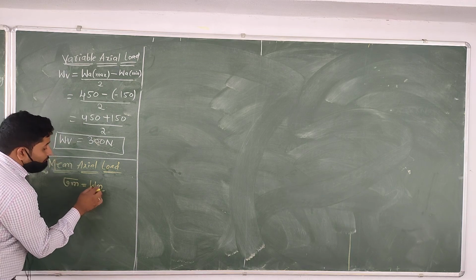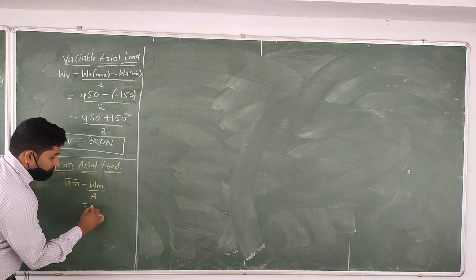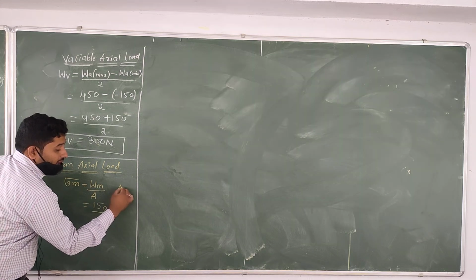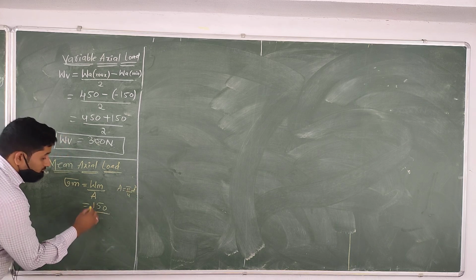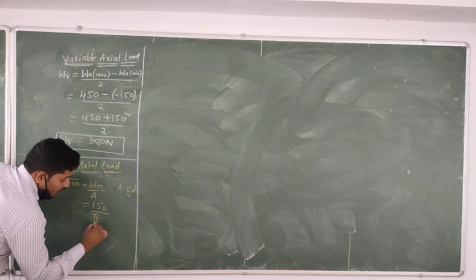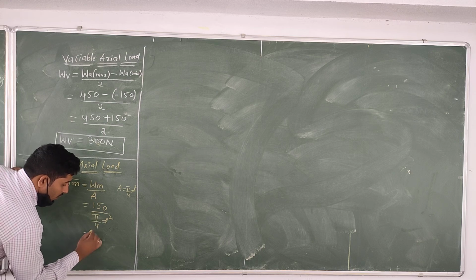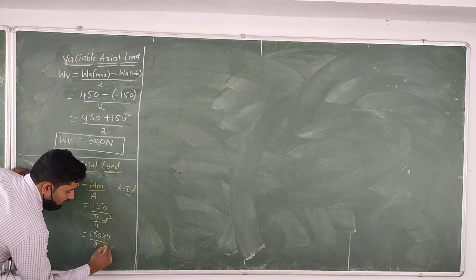So here Wm, how much is given here? 150 Newton is given here. 150 Newton. So area, what is the formula of area? A is equal to pi by 4 into d square. Is it right? Just you need to put here pi by 4 into d square. So the 4 will move above, 150 into 4 by pi by d square.